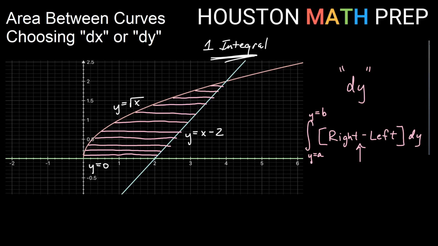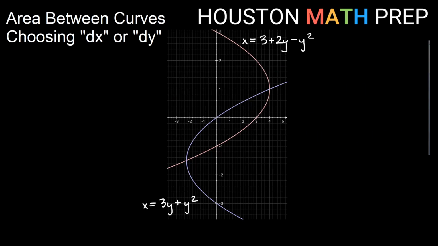Let's look at the third one from the last video. So we had these here. These were both already solved for x. This one's interesting in a different way. If I start drawing my vertical rectangles, you'll notice that I always have the one parabola on top and the other parabola on bottom. And so this is simple. If I run the rectangles that direction, no problem. That's great.